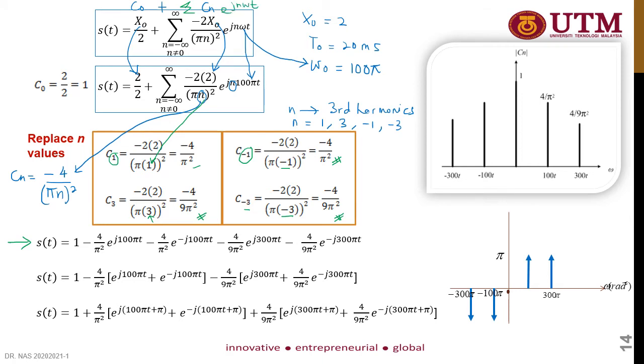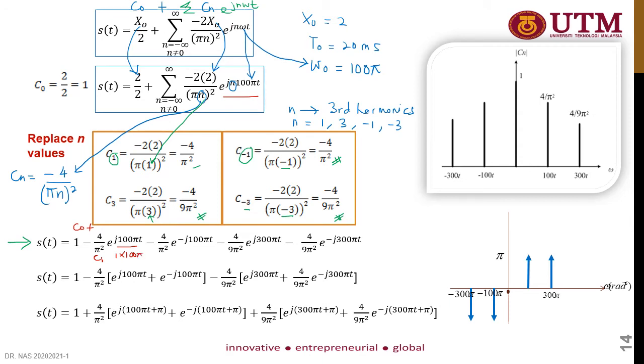Okay, so this is your C0, plus C1. Supposedly plus, but your C1 is negative. So this is your C1, with n equal to 1 in this case. So that's why e^(j1 times 100 pi t).